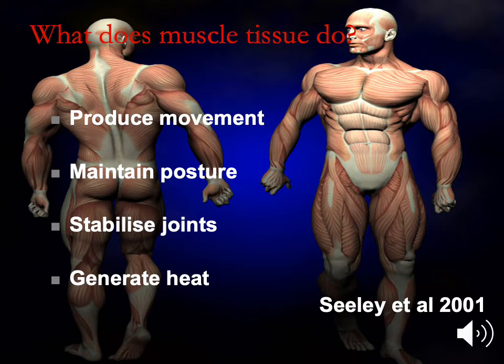But we need to consider some other type of movement as well. Muscles are also responsible for moving substances around the body. The heart is made of cardiac muscle, and its contraction and relaxation pumps blood through the blood vessels. The walls of the blood vessels themselves have muscle tissue within them.